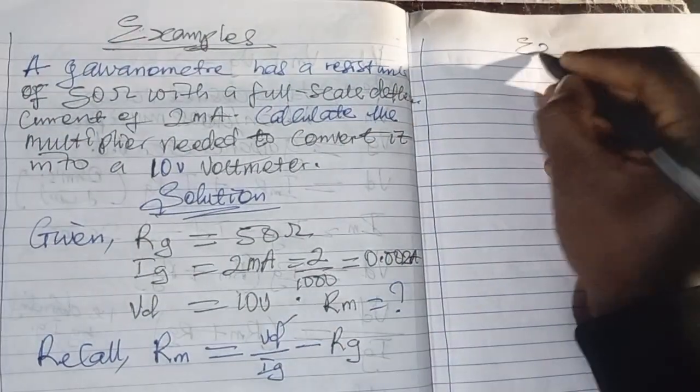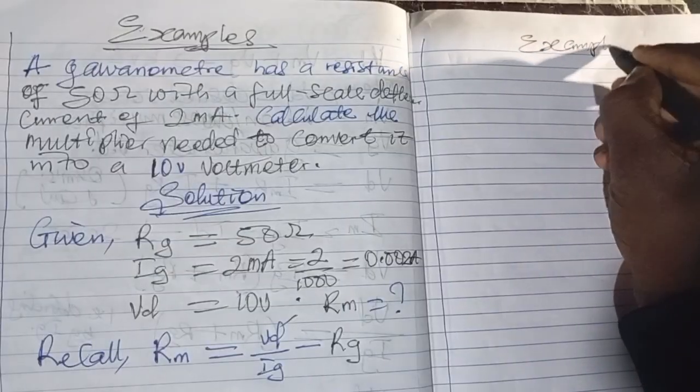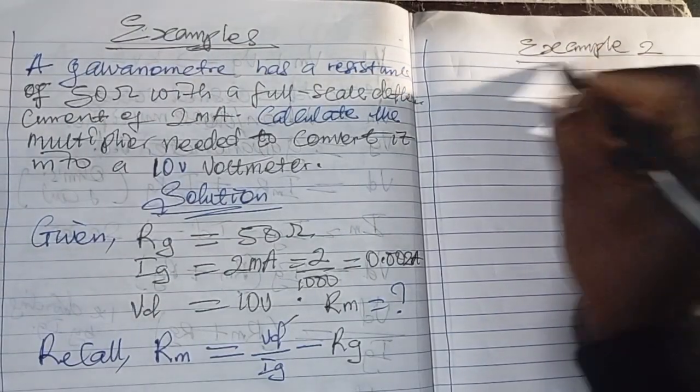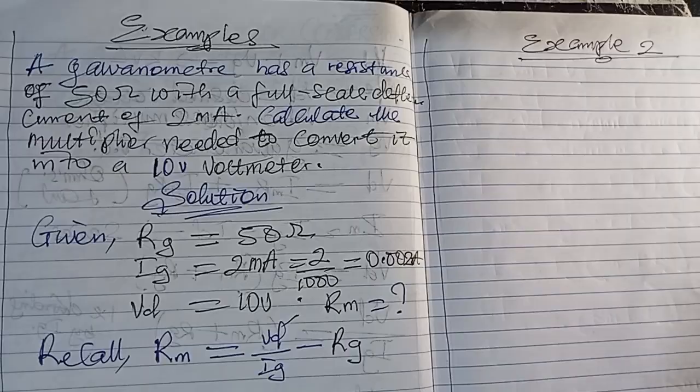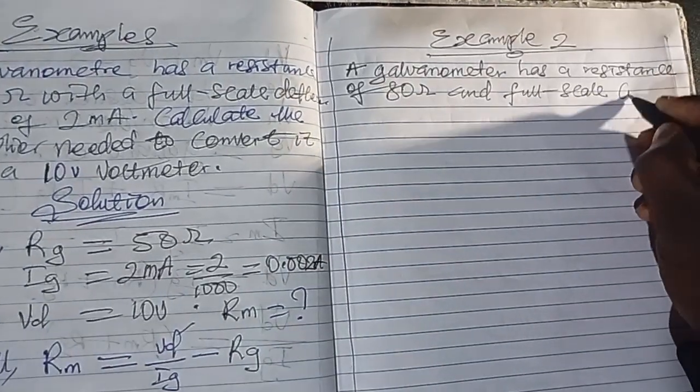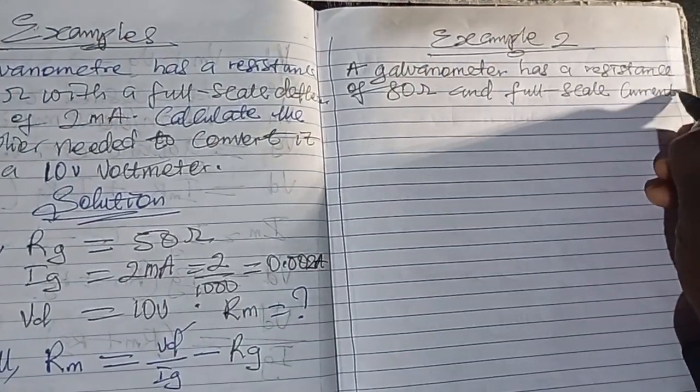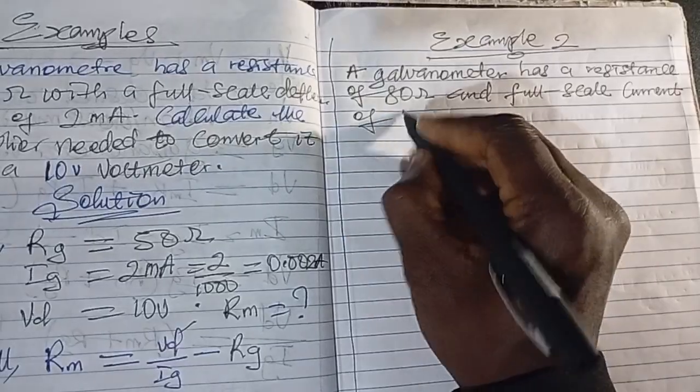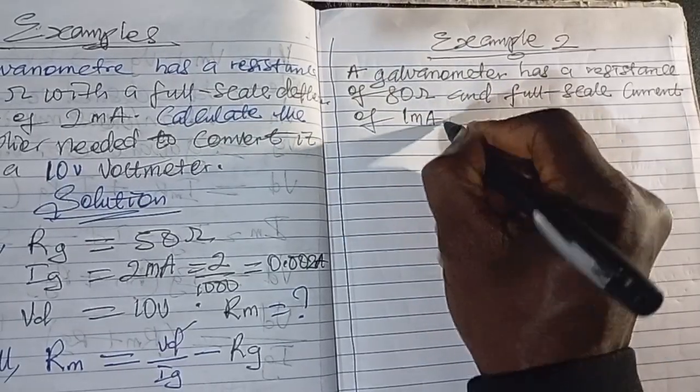Example 2. A galvanometer with resistance of 80 ohms and full scale current of 1 milliamp.